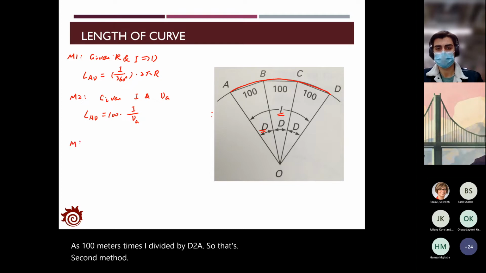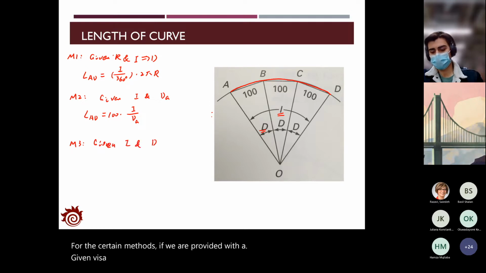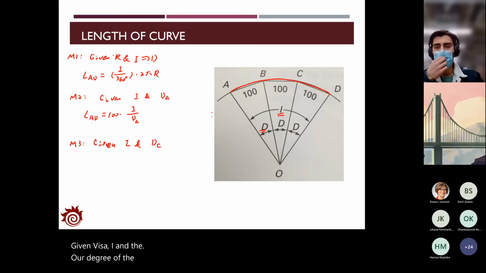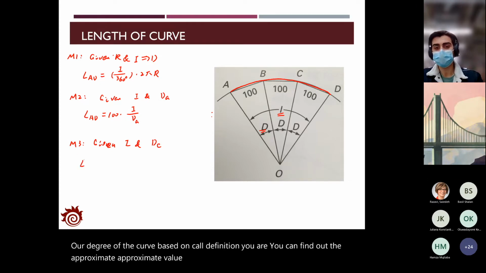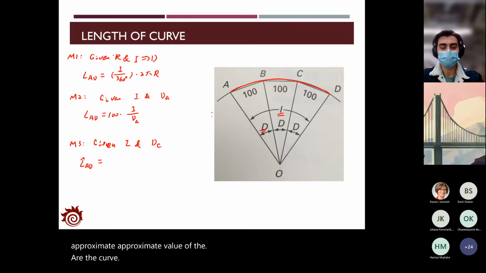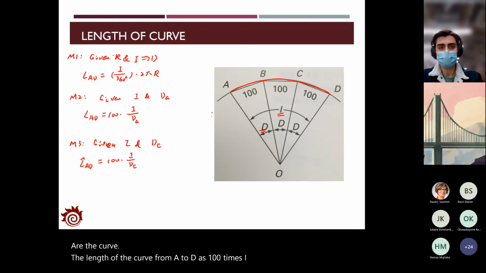For the third method, if we are given I and the degree of the curve based on the chord definition, you can find out the approximate value of the length of the curve from A to D as 100 times I divided by Dc.